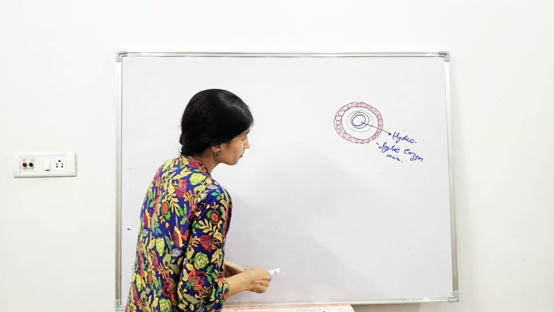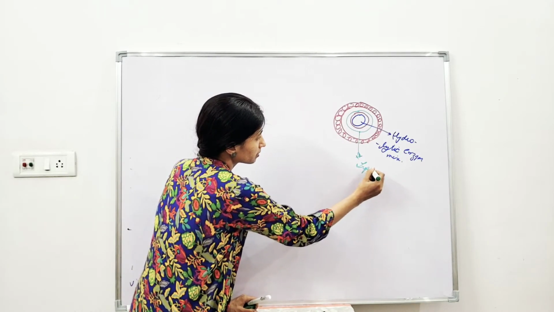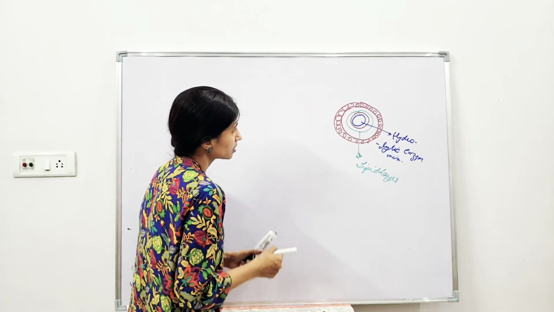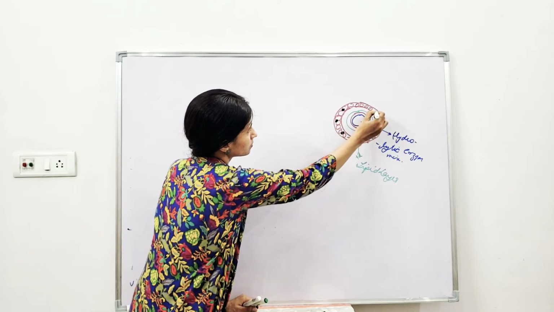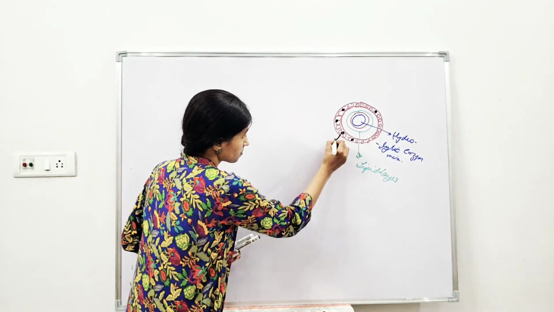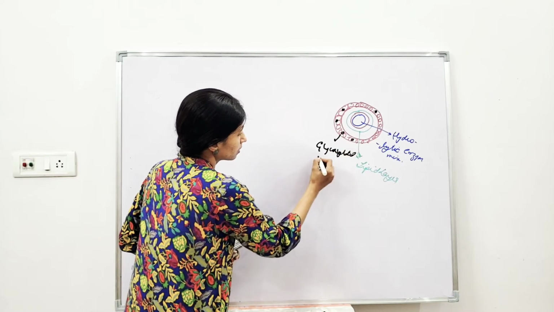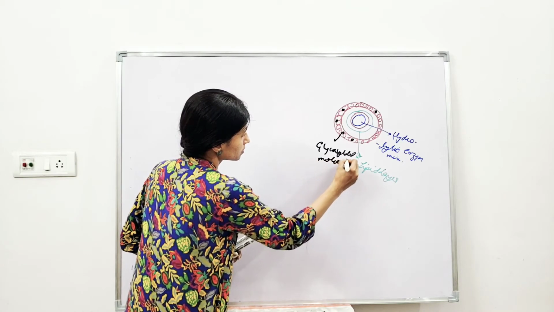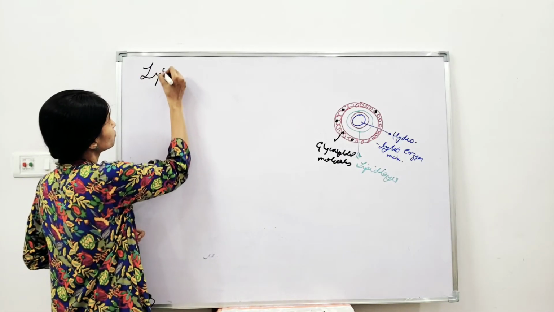Okay, next, this green one is actually the lipid layer, and in the outside one, these are glycosylated molecules. Okay, now talking about the lysosome, this is the structure of the lysosome that we have.